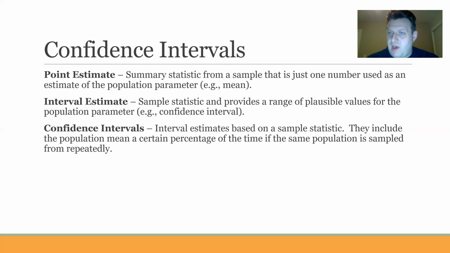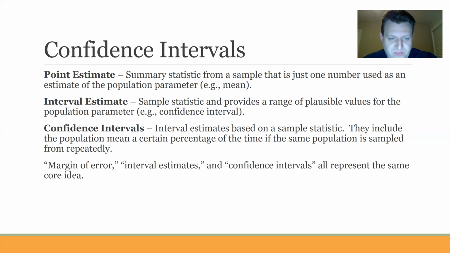Okay, 95% of the times, the confidence intervals that we create will include the true population mean. That's how we interpret a confidence interval. You will see sometimes in reputable statistics books, sometimes in other stats classes, incorrect interpretations of what a confidence interval is all about, but that is the correct interpretation, and please do not forget that.